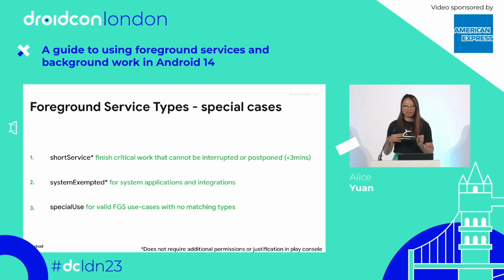This does not require additional foreground service permissions and does not require justification in the Play console, which we'll get to later, but the process will ANR if you do not call stopForeground within 3 minutes. System exempted is for system applications and integrations, and special use is for other foreground service use cases that are valid and have no other matching types. Note that this type will require you to specify your reasoning for usage.